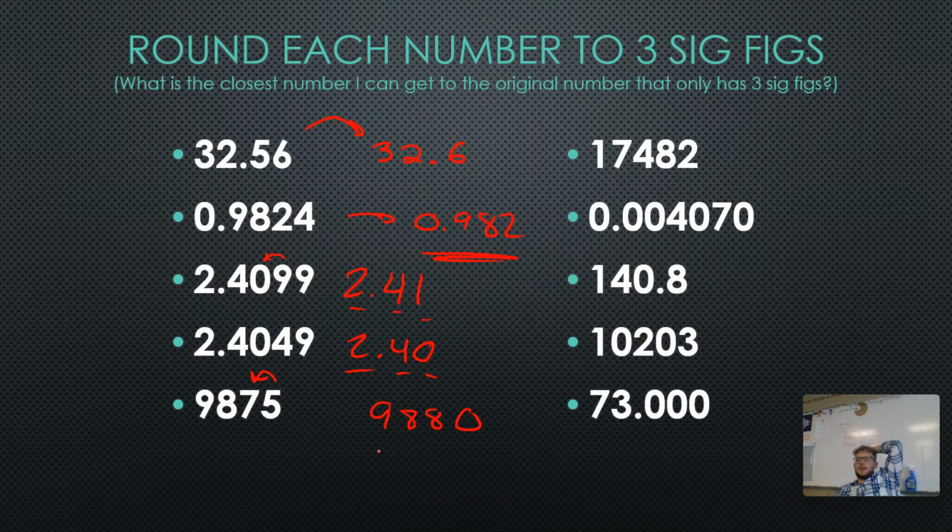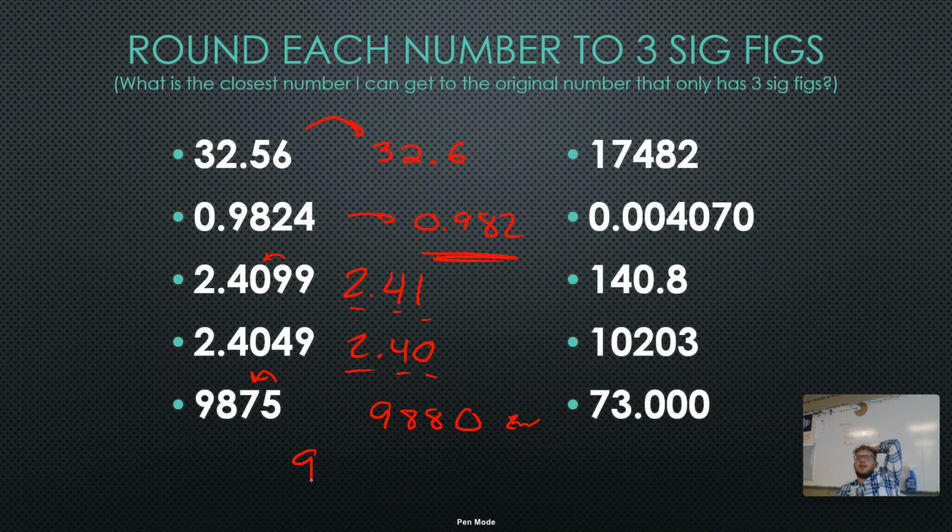You're like, whoa, that's kind of weird. I'm like, yeah, it is weird. The closest number I can get to 9,875 that has 3 sig figs is 9,880. You're like, wait a minute, that's got 3 sig figs? I'm like, yes, because notice, this number does not have a decimal point, so you come at it from the Atlantic side. So this one would only have 3 sig figs in it.